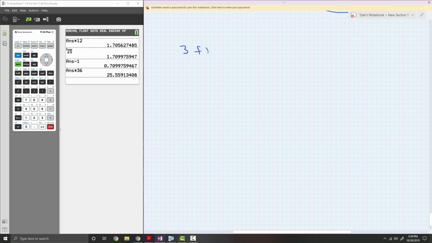All right, so we had 3 feet, 26 inches. If I take away 12 inches, that's like adding 1 foot over here, which gives me 4 feet. So 26 minus 12 is 14 inches.